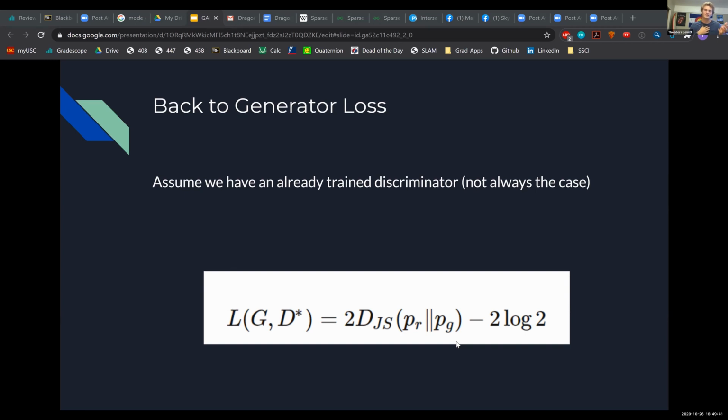So when PR exactly equals PG, you get D_JS equals 0 because they're the exact same distribution, and you have a minimum of your loss function, minus 2 log 2. But for any other values of PR and PG where there is a difference, you get some sort of higher loss.